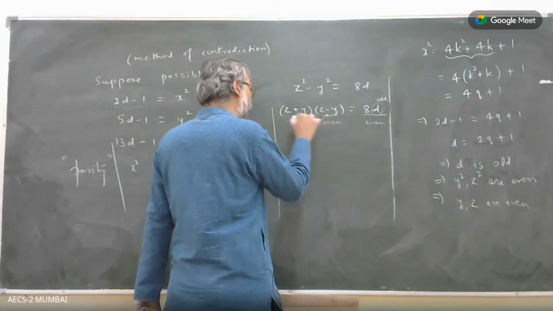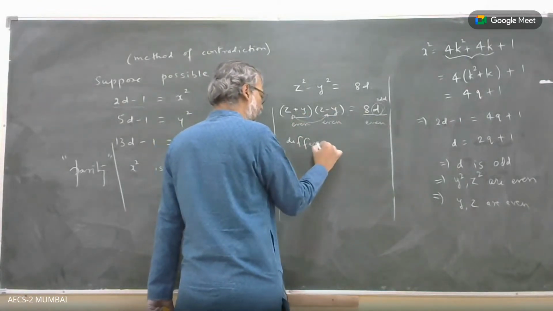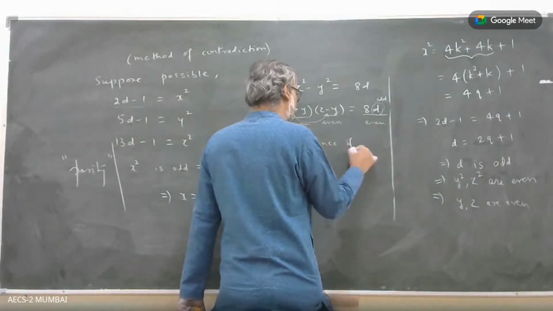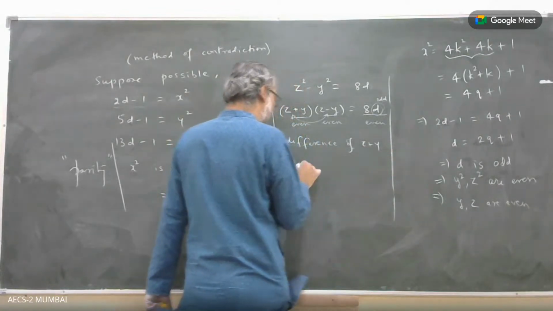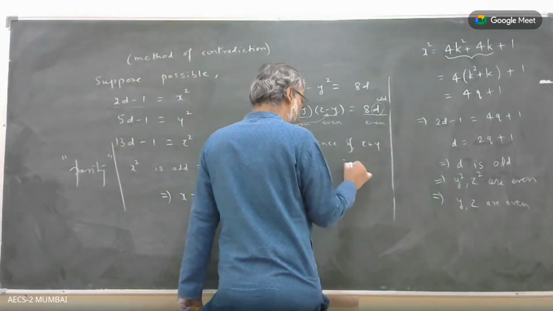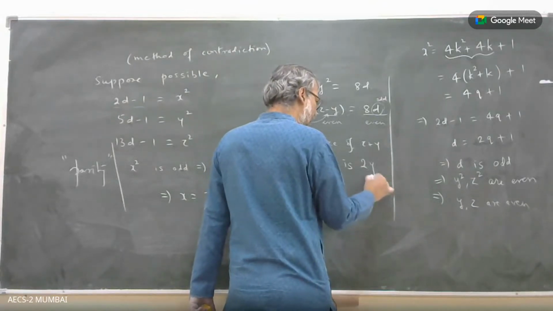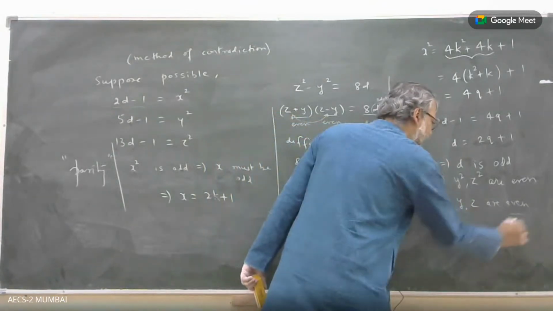Now you see the difference between these two, z plus y and z minus y. So you tell me what is the difference? 2y, and already I know y is even.